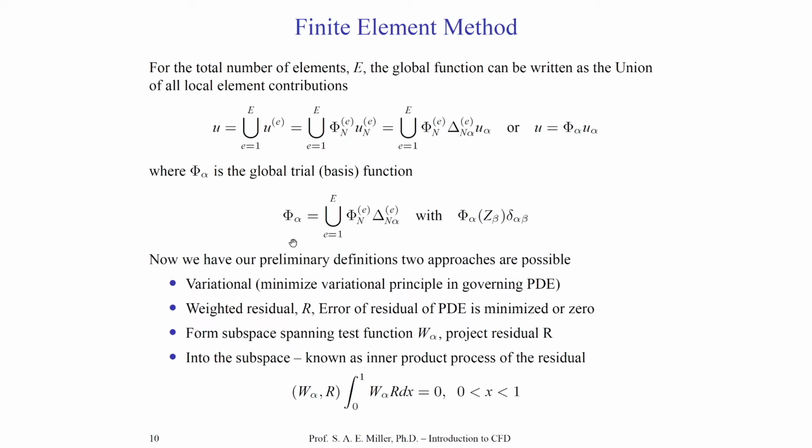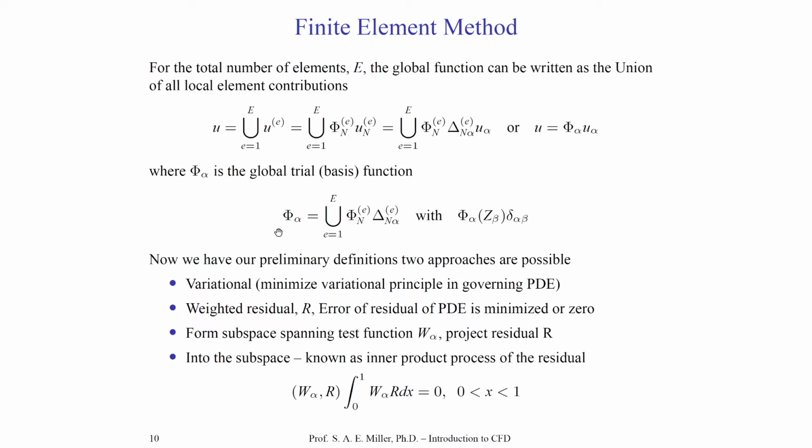So phi sub alpha will be the union of all the basis functions with all the Boolean matrices. So this can be found because we already know all the Boolean matrices for each particular element, and we already know the basis function, which in this case are just linear functions for each particular element. We have the union of all these from all elements, and we would find phi sub alpha, which you see in the definition for the U, velocity perhaps, which connects the velocity from all the elements.